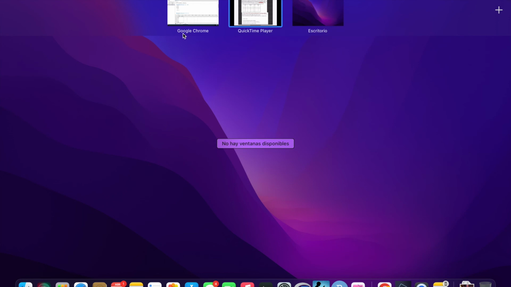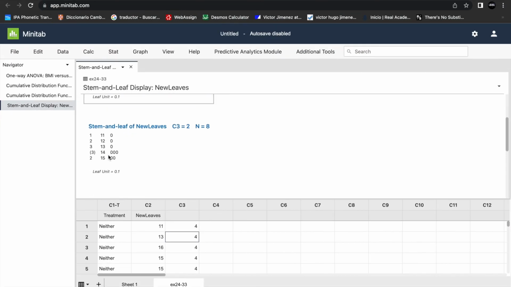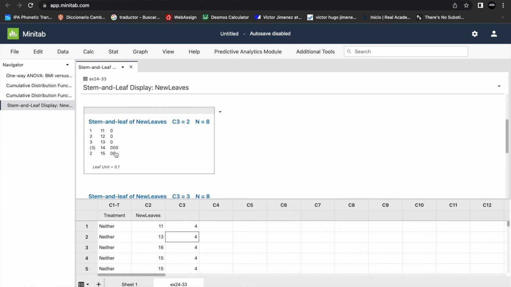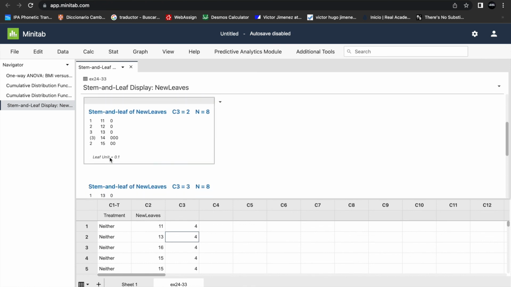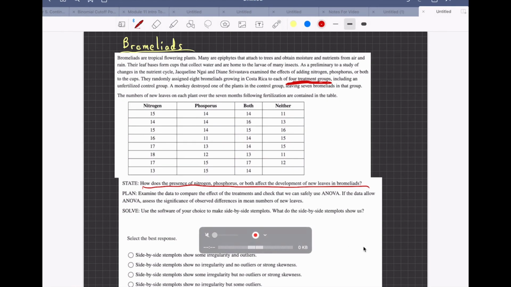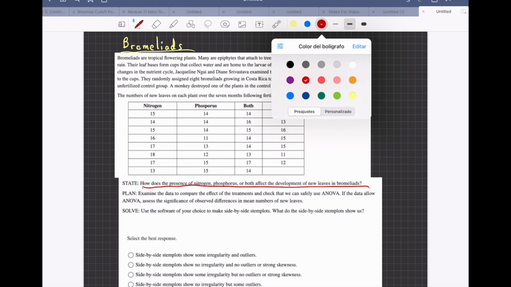I think the main point is that we observe that we don't have many outliers, and the distributions you see for the stem plots are approximately normal. So I think that is the point. It's this one.